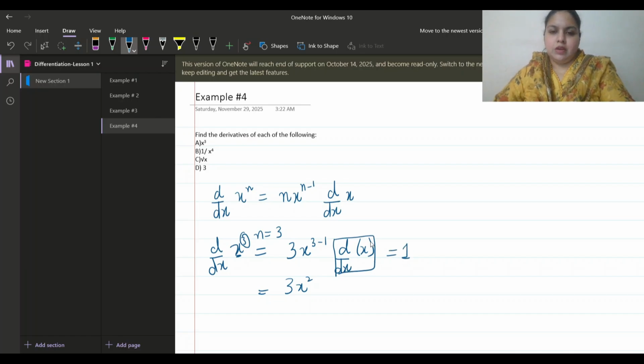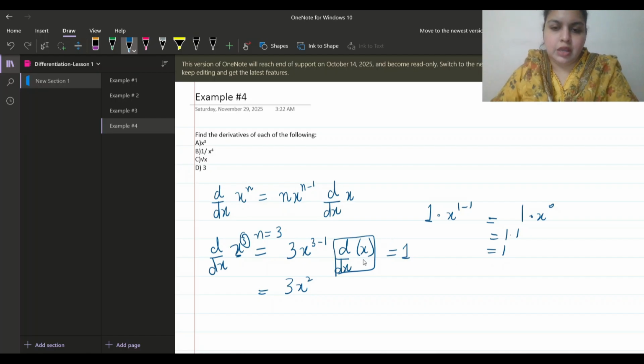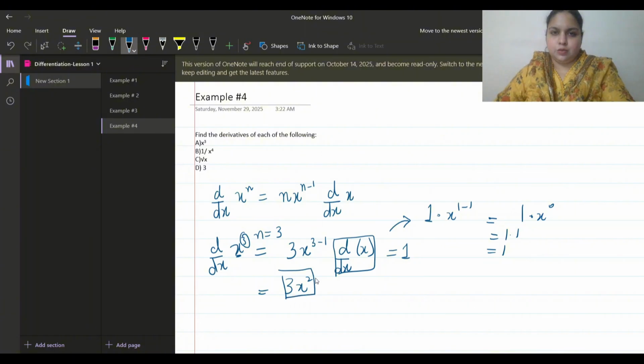Why 1? Because if you apply the power rule over here, it will become 1 dot x to the power 1 minus 1, which is 1 dot x to the power 0, which is 1 dot 1, and it's equal to 1. So we will just learn this, that d upon dx of x is 1. Whenever you are differentiating any variable with itself, the answer is always 1. So the answer is 3x squared.